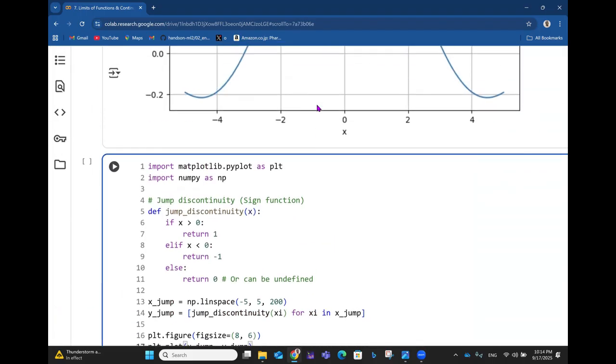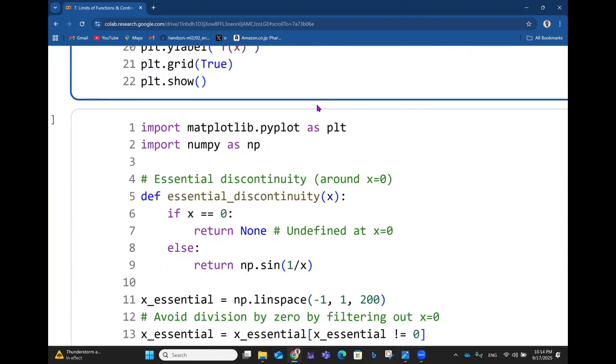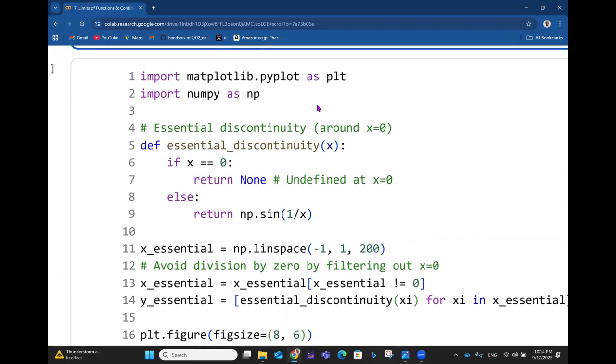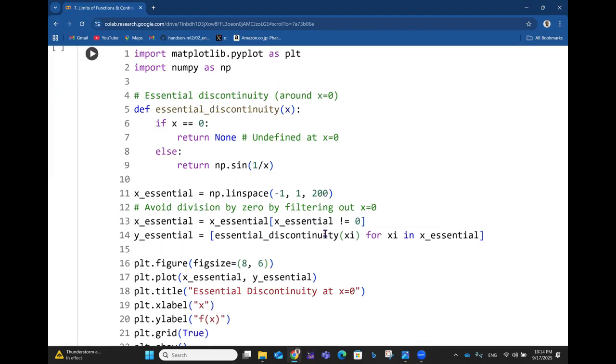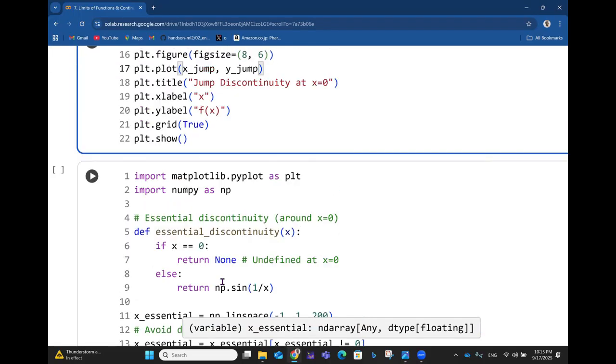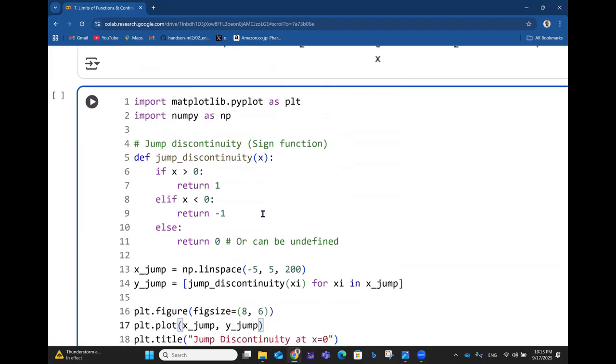For the jump discontinuity, you're going to see a jump. Sorry, I jumped this ahead.